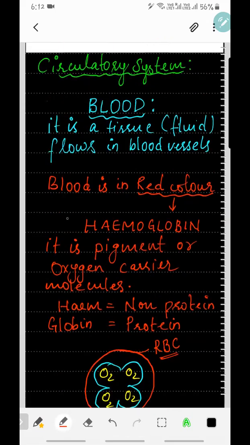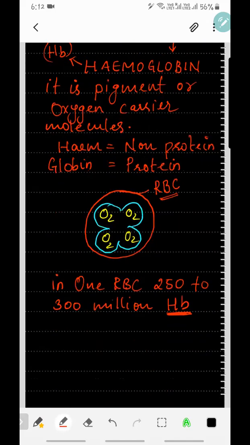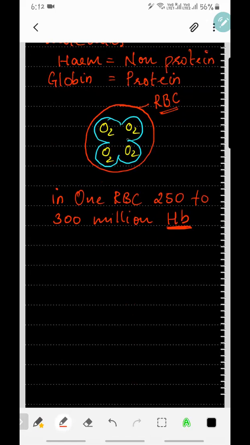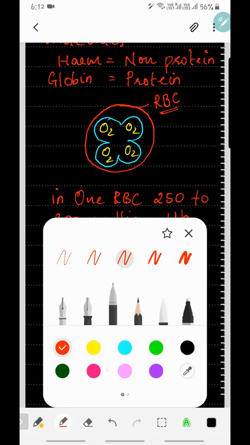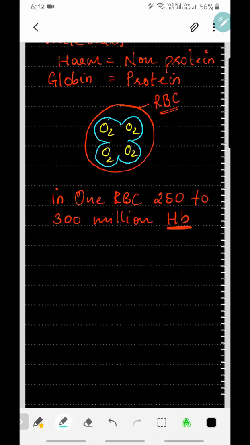Hemoglobin is also said as HB in short form. This much is there, but I have drawn only one, so don't think it is more. In one RBC I have drawn only one hemoglobin, but it should be 250 to 300 million.